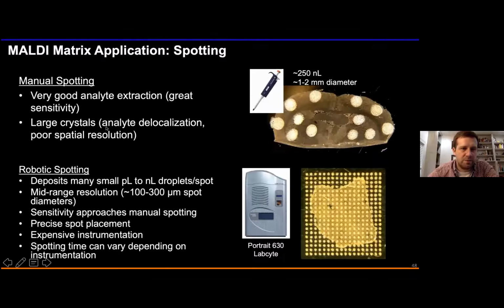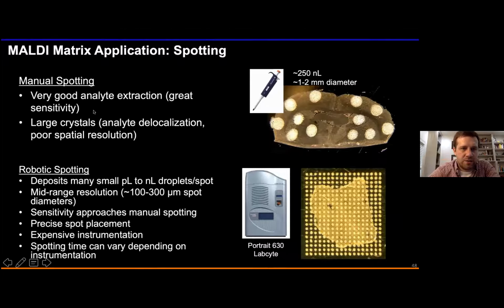For manual spotting with a classical pipetter, this is great. It gives very good extraction because it's a very hydrated environment, so it's very good for sensitivity, but it's quite poor in terms of spatial resolution. Obviously, we're plopping down very large droplets, so we wouldn't be able to image over the entire tissue section.